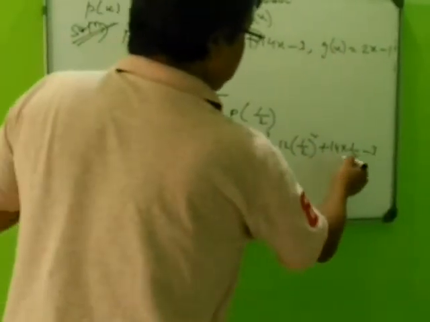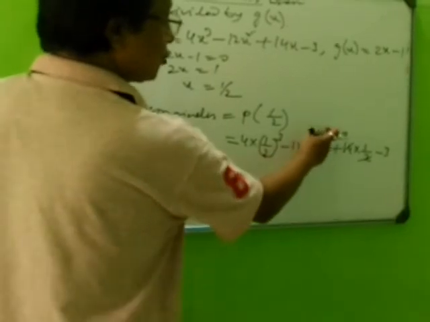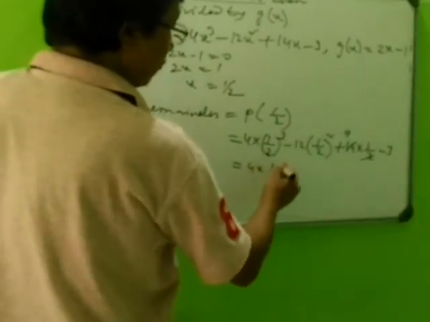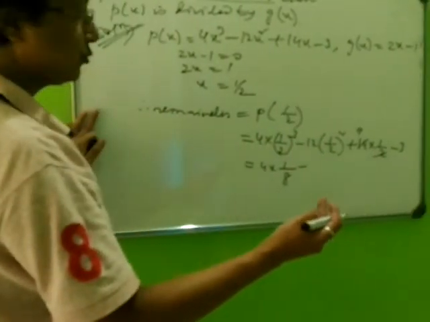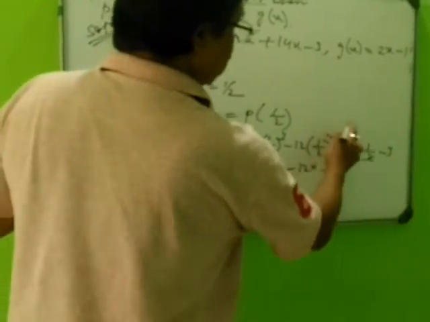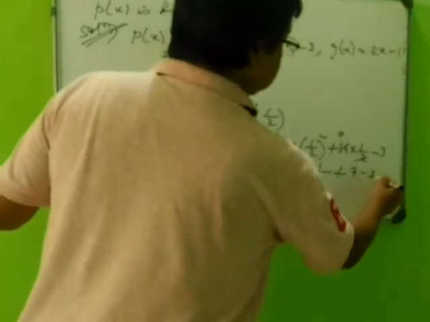Here there are 2 sevens, but you cannot cancel by 2 because there is 2 square. So it will be 4 into 1 cube, which is 1, over 2 cube, which is 8, because 2 into 2 into 2 is 8. Then 12 into 1 square is 1, 2 square is 4, plus 7 minus 3.